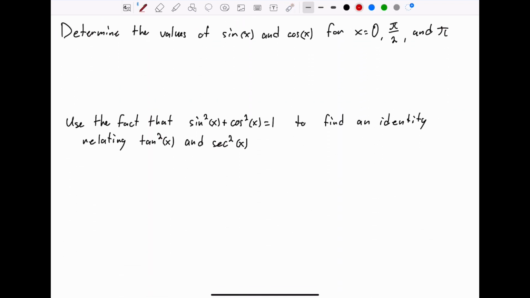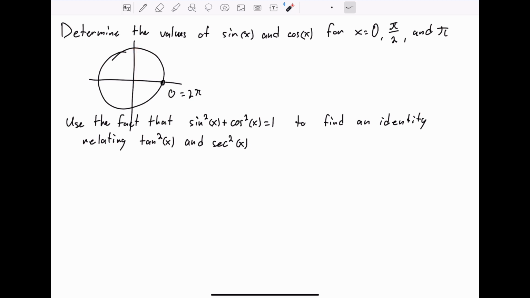So, in order to find sine and cosine for these angles, we could consider the unit circle. Here is an angle of 0, which is coterminal with 2 pi, as far as angles go. This angle is pi over 2. This angle is pi, 3 pi over 2 here, etc. When we take a particular angle and find a point on the unit circle, it has a radius of 1.